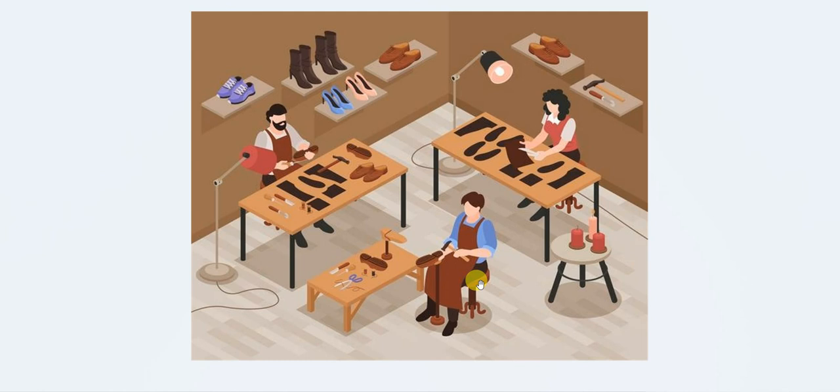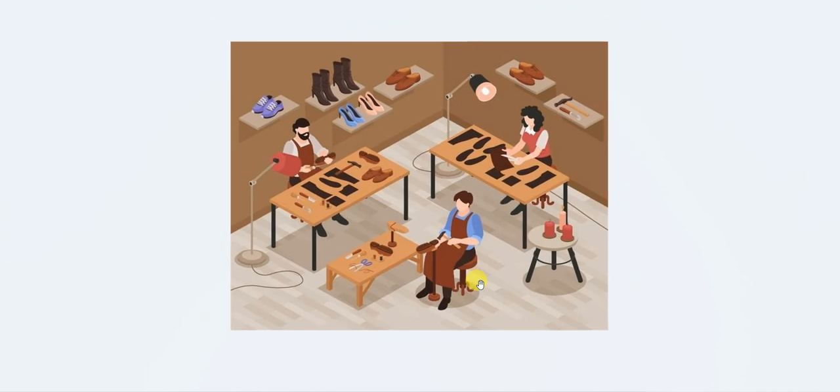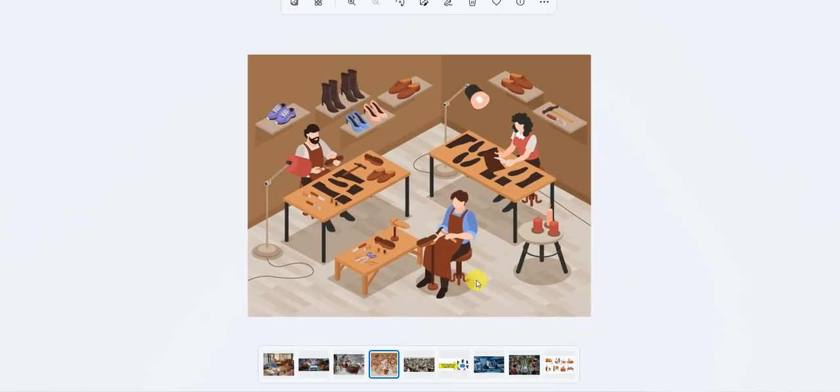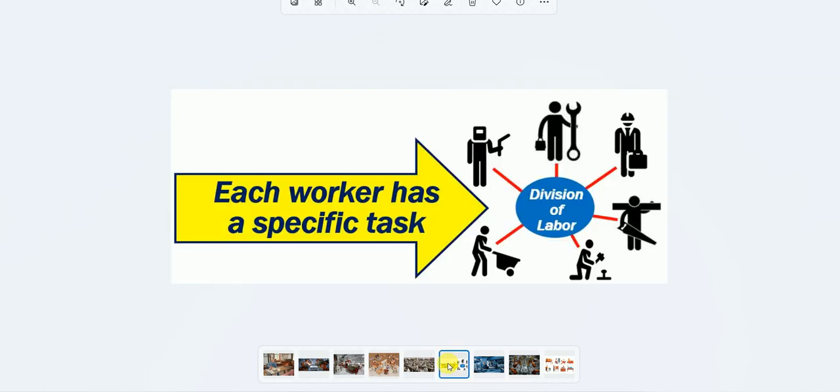Everything is done by a particular person. That is known as craft production. But in the case of modern large scale manufacturing, there is division of labor. One person will handle only one task. One person may handle cutting of leather, another person may do stitching, another person may examine the quality. In this way you may find division of labor.